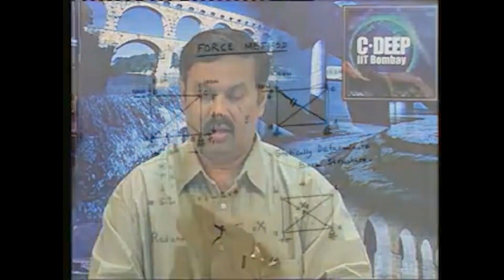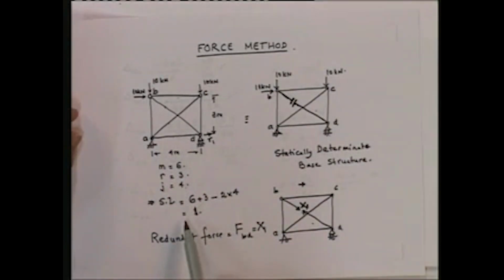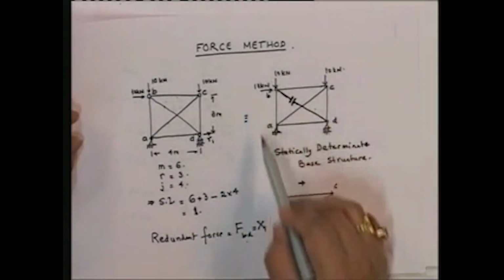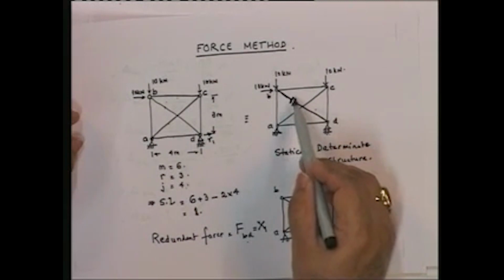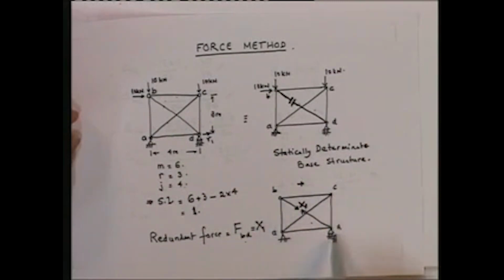If you remember, let me just quickly review the previous lecture. This was our base structure. We identified the static indeterminacy, and we identified the redundant force was the force in member BD, which we called X1. So this was the base structure where we had the loads, and the force on BD was equal to 0. Then we added the structure where the force X1 was given, and we found out the forces.